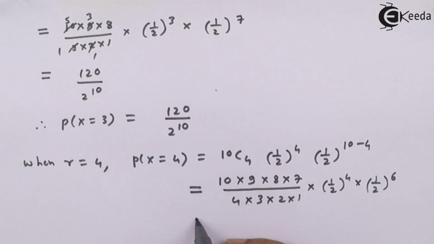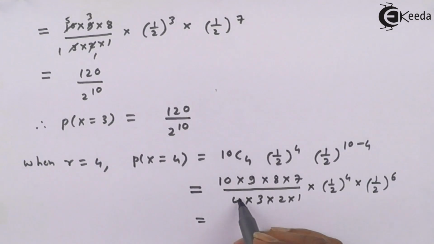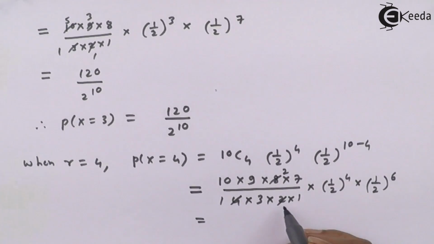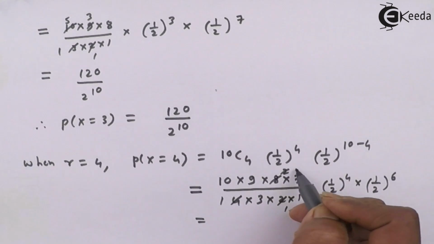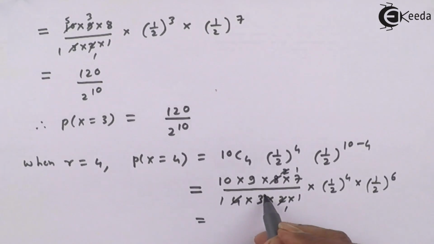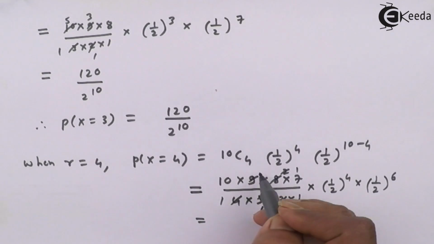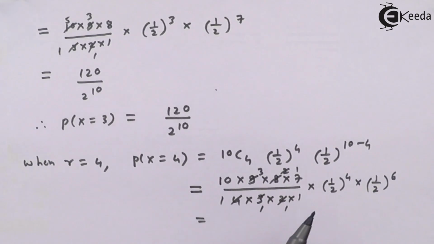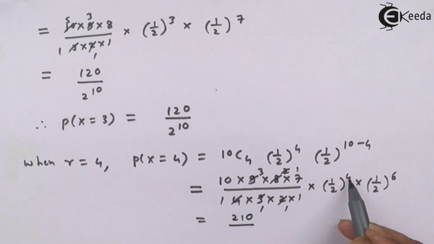Now here we go for cancellations: 4 ones are 4, 4 twos are 8, again 2 ones are 2, 2 ones are 2, then 3 ones are 3, 3 threes are 9. Now 7 into 3, 21, multiplied by 10, so we get 210 upon, again 1 by 2 raised 4 into 1 by 2 raised 6, so that gives 1 by 2 raised 10.